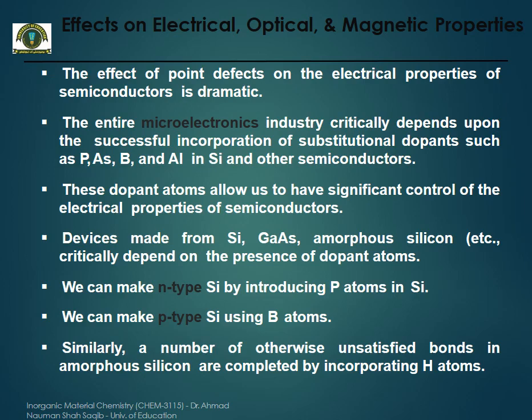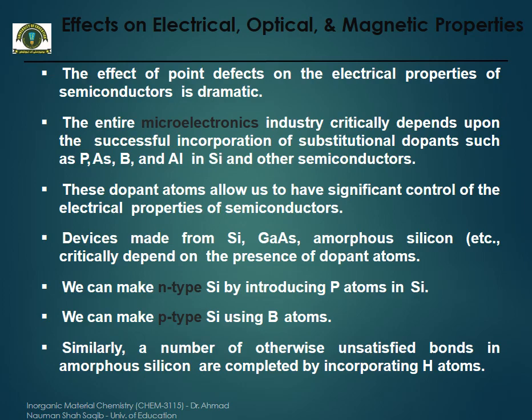The effect of point defects on the electrical properties of semiconductors is dramatic. The entire microelectronic industry is critically dependent upon the successful incorporation of substitutional dopants such as phosphorus, arsenic, boron and aluminium in silicon and other semiconductors. All these semiconductors and the microelectronic industry are dependent upon crystal defects.